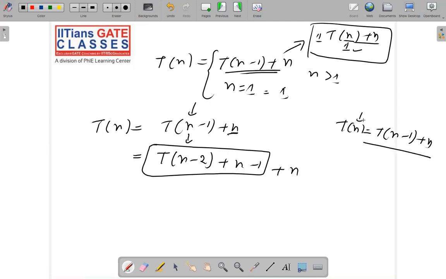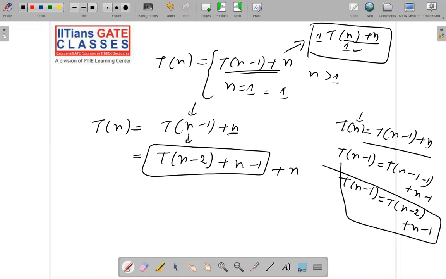So let's replace n with n-1 here. It is T(n-1) equal to T(n-2) + n-1. So we have replaced the T(n-1) here with this term.